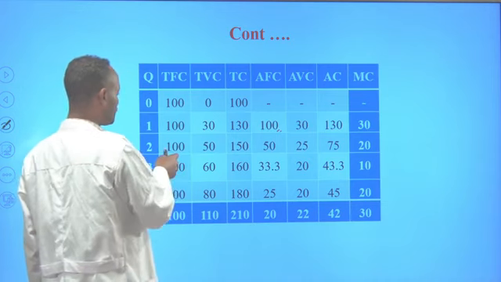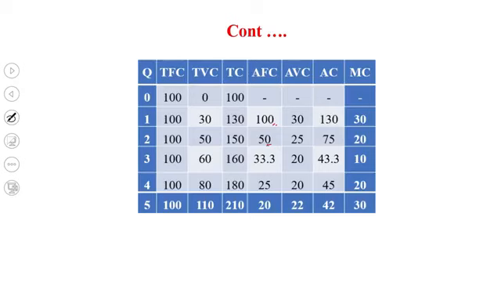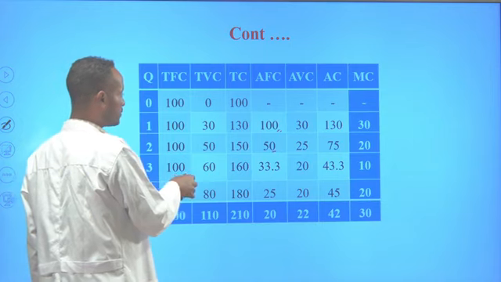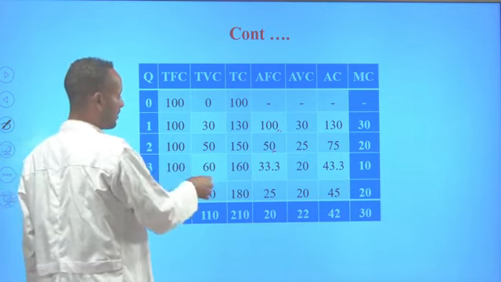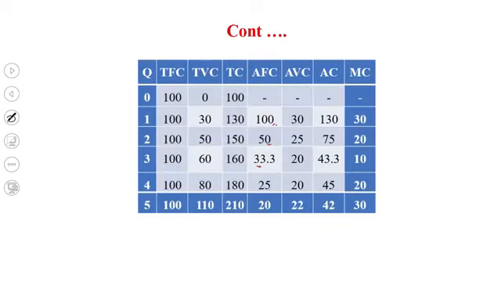If the TFC of 2 units is 100, 100 divided by 2 is 50. And the total fixed cost of producing 3 units is 100, so the average fixed cost is TFC divided by Q, which is 100 divided by 3, it is 33.3. And the AFC of the fourth unit is 25 and the AFC of the fifth is 20.